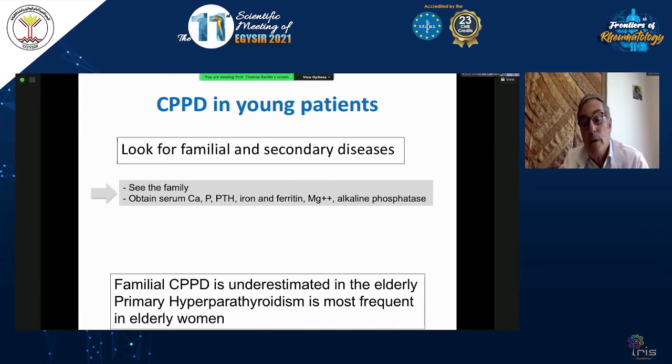And I should also stress that it's difficult to diagnose a familial disease when the beginning of it is at an old age. And there are some nice Spanish papers which have shown that even in apparently sporadic CPPD, there was about 20% they could trace to a familial disease by very straightforward and deep investigation.